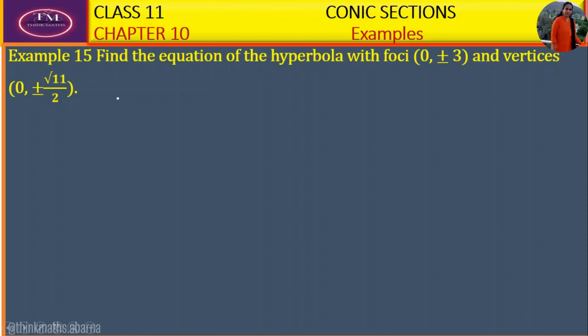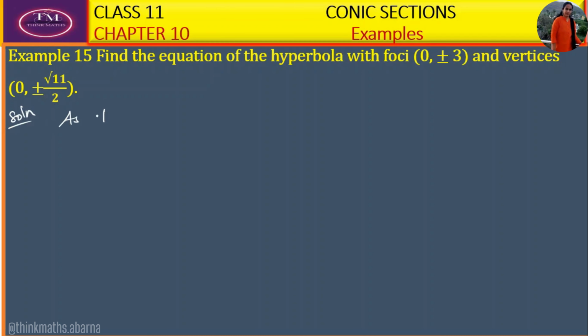Find the equation of the hyperbola with foci 0, comma plus or minus 3 and vertices 0, comma plus or minus root 11 by 2. If you check the foci and vertices, you have the y coordinate. Therefore, the hyperbola is on the y-axis. Now let me write the solution.